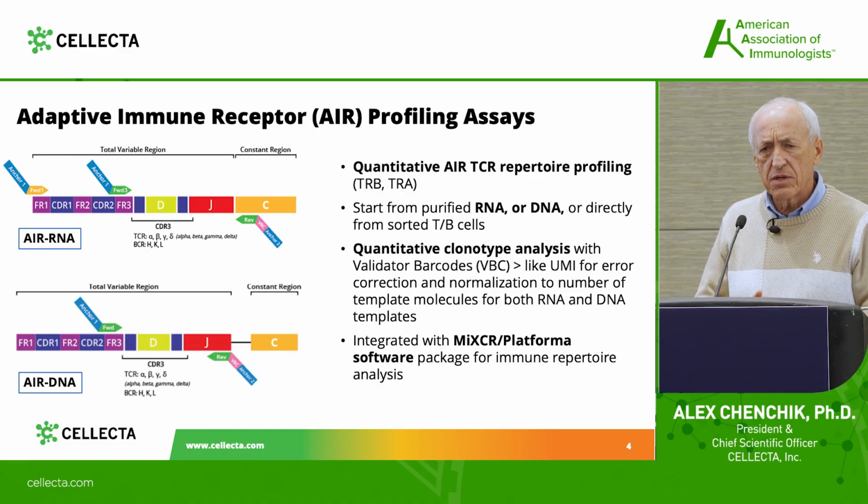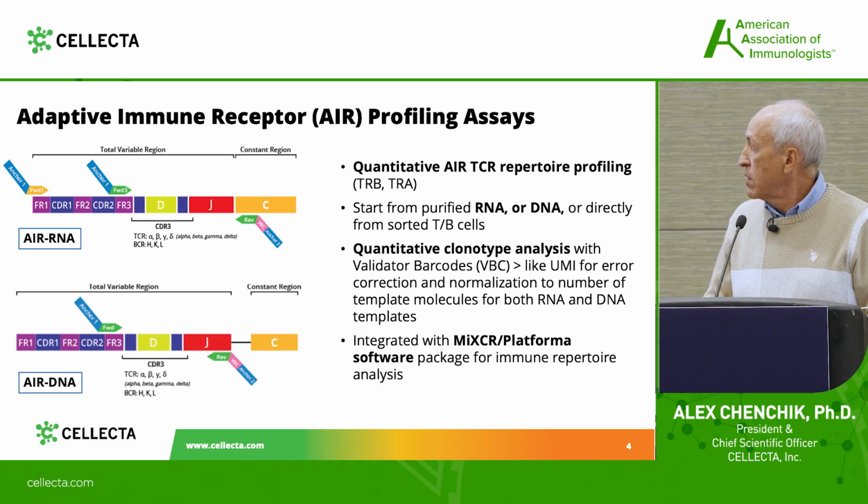It's a multiplex PCR assay, where you design hundreds of primers which match all known T-cell receptor sequences. You can start from RNA or DNA, amplify CDR3 or the full-length region, and get quantitative information.